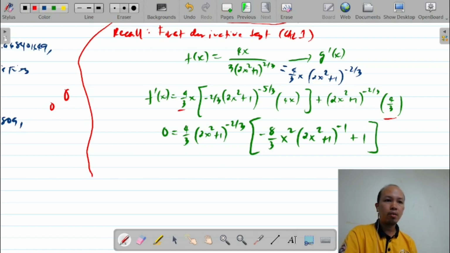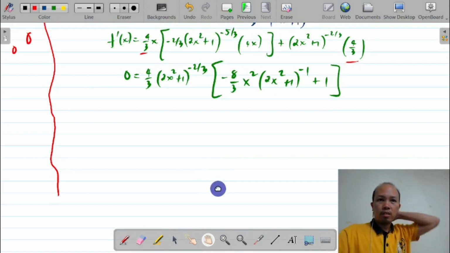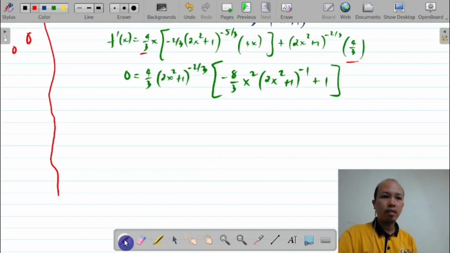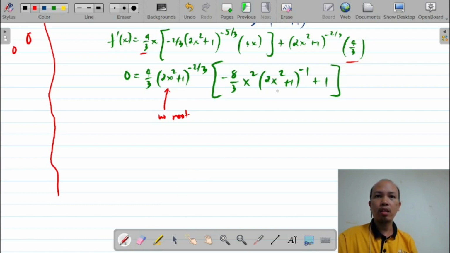Let's try to make it somewhere here. This one has no roots, since if we equate 2x² + 1 to 0, we have a complex number.